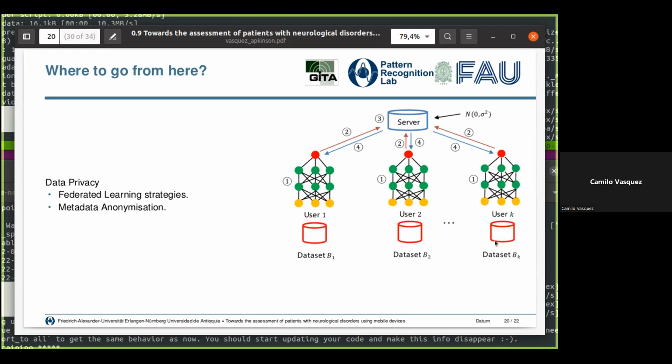And how can we do that? With the use of federated learning strategies, federated learning algorithms that help to train the system on the edge and over the phone, so the data cannot be transmitted to a server. And also metadata anonymization in order to keep the patient's data to themselves.